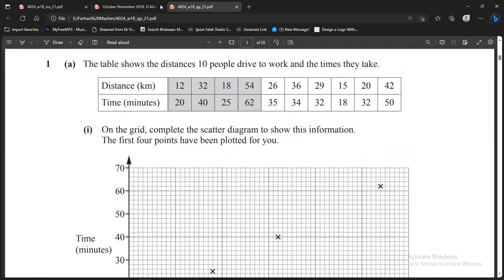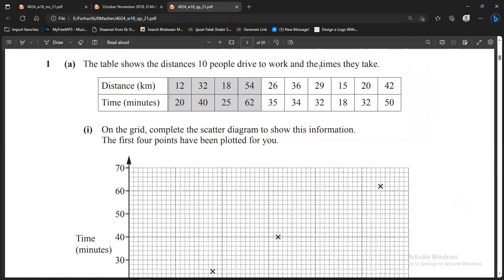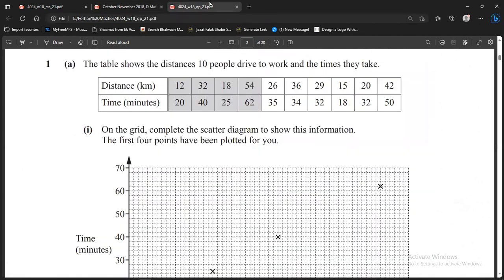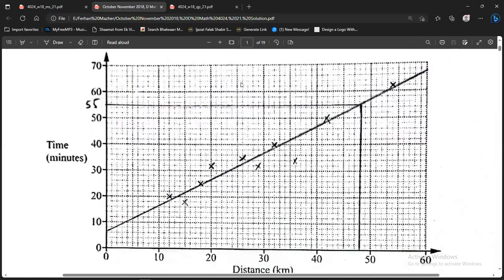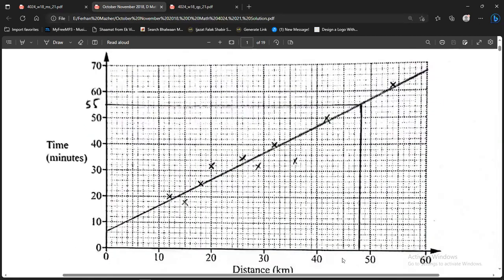And then we have 15, 18. 15, 18 is this point. Okay. Then we have 20, 32. 20, 32 is this point. Okay. Then we have 42, 50. 42, 50, this point. So these are the points. This is how you will plot them.